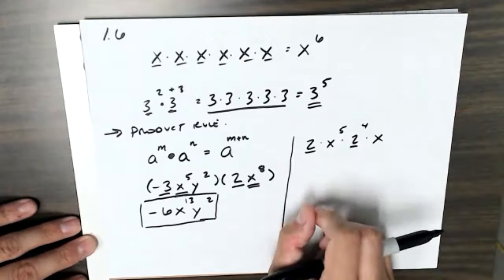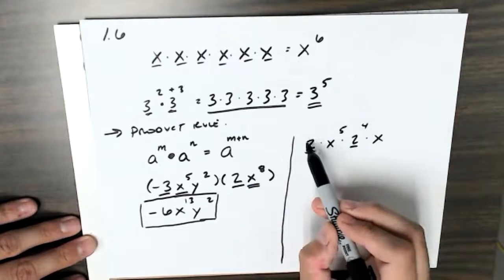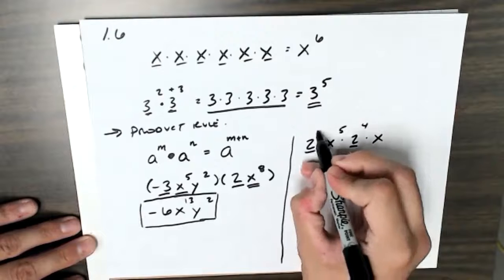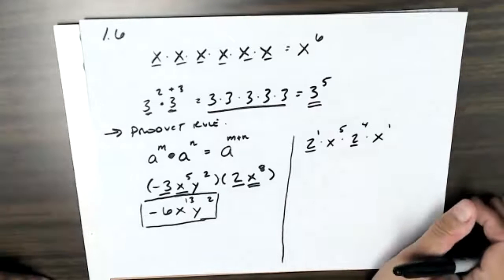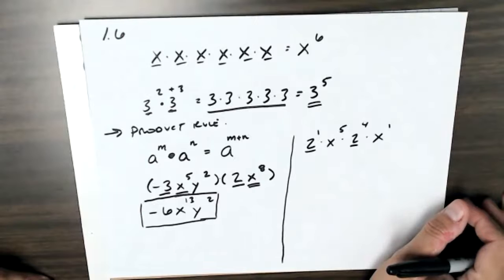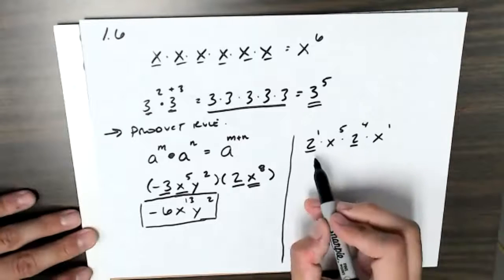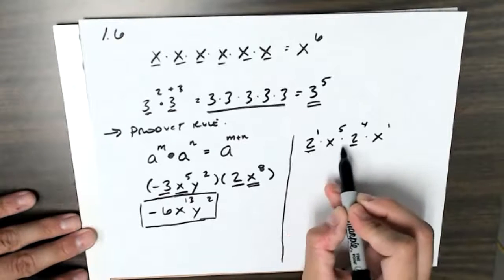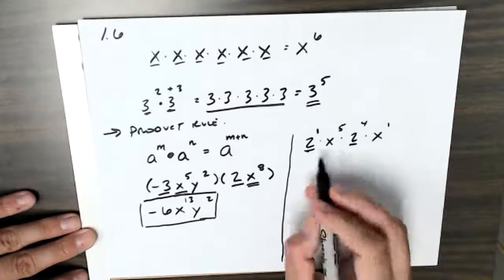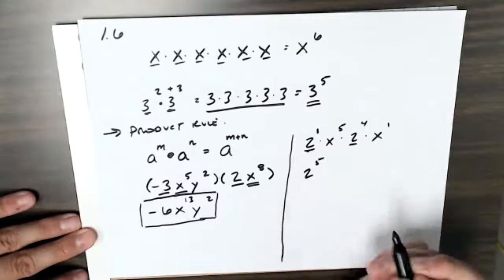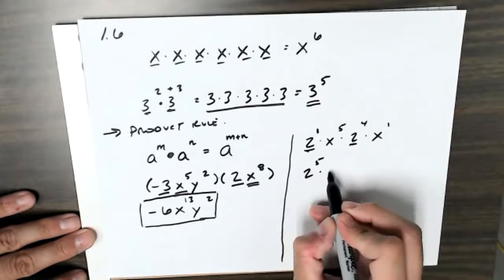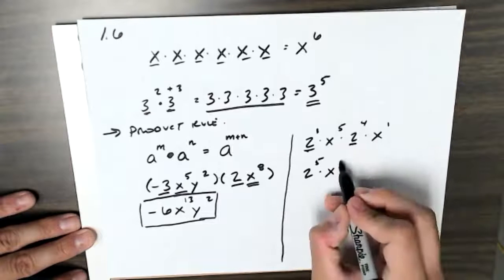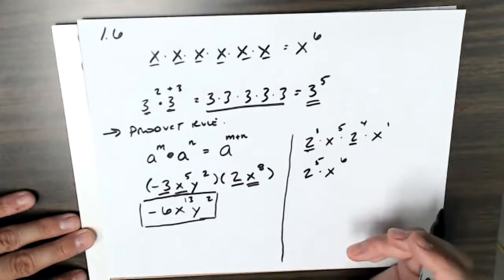Remember, if that number is by itself, it has an exponent of 1, so we might want to get in the habit of writing that. I've got an x and a 2 that are by themselves, so they really have exponents of 1. Now I can combine these 2's by adding the exponents. So I wind up with 2 to the 5th power, because 1 plus 4, times x to the 5 plus 1, so x to the 6th power.